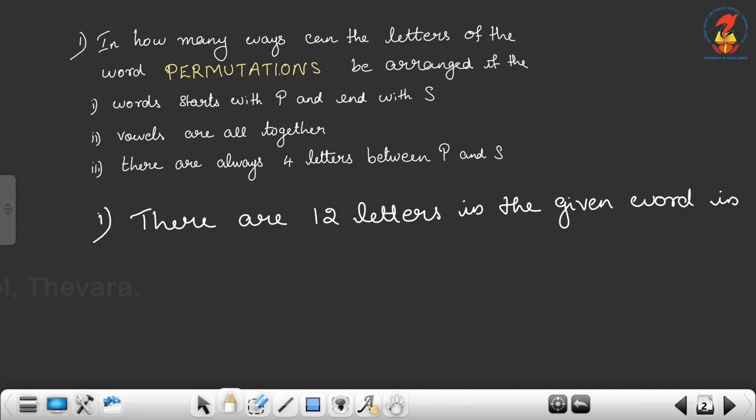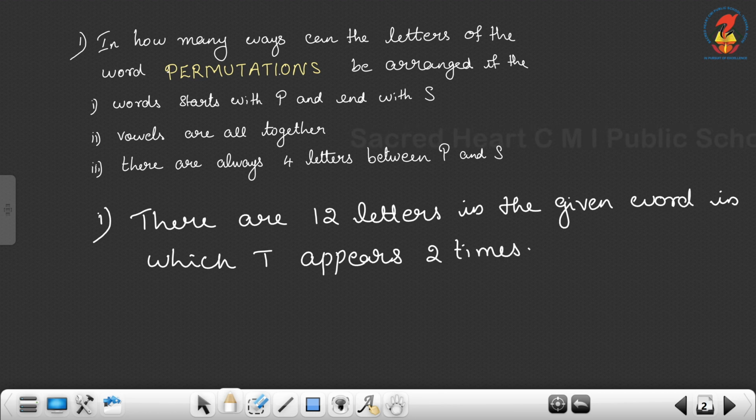In which T appears how many times? 2 times. That is, one letter repeats 2 times.